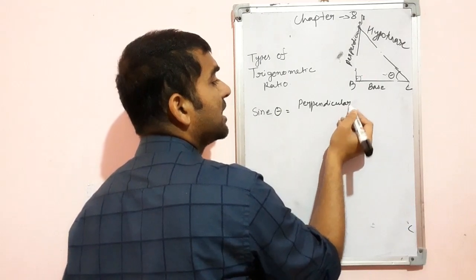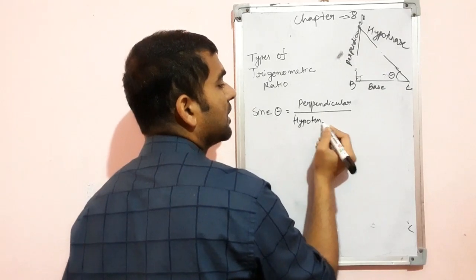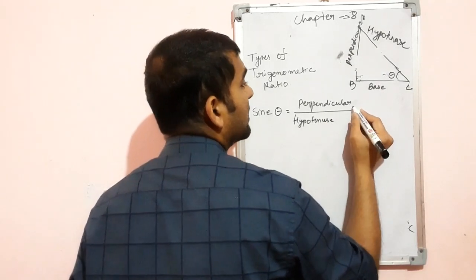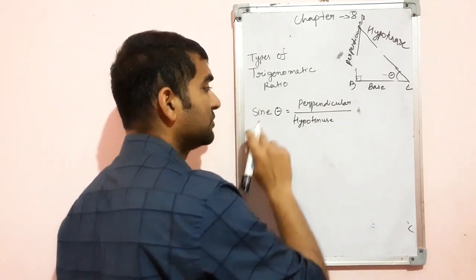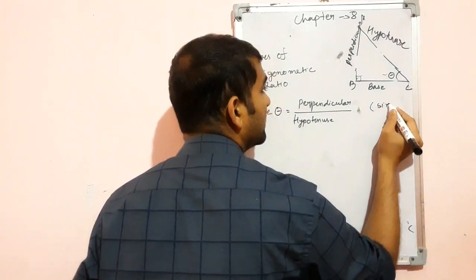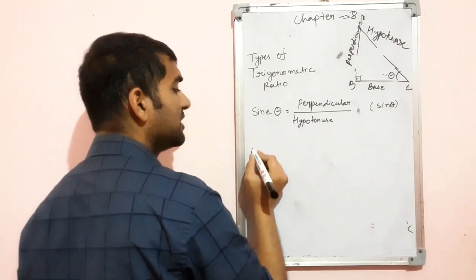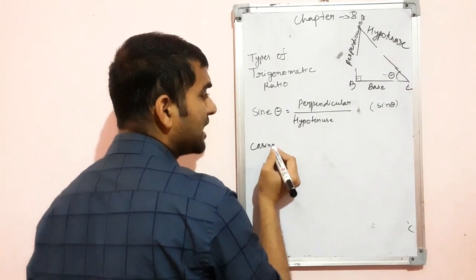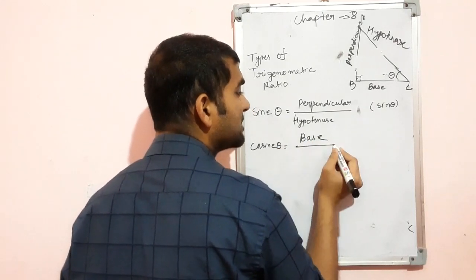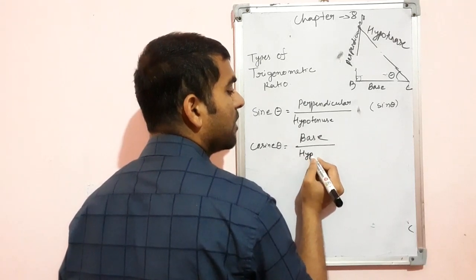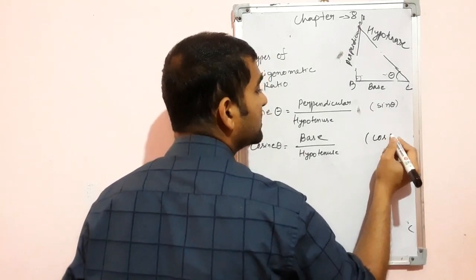Please write it down, it is important: sine theta equals perpendicular by hypotenuse. Then the next one is cosine. Cosine theta is base by hypotenuse, and in short we call it cos theta.